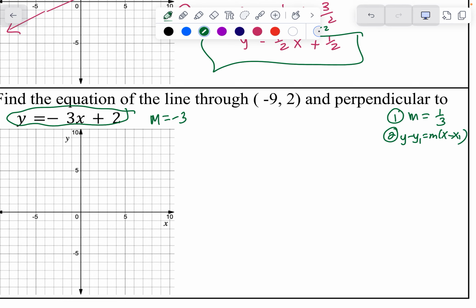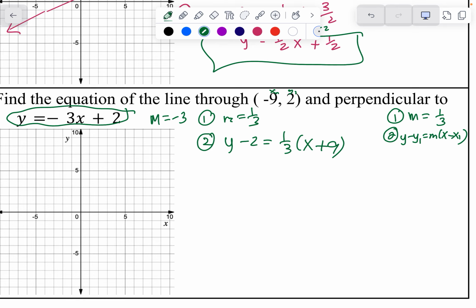So first step, we already found the slope. Second step, this is x1, y1. Plop it in. Y minus 2 equals 1/3 x plus 9. See how that negative 9 became a positive 9, and that positive 2 became a negative 2. We're subtracting those, so those two should switch signs in that formula.